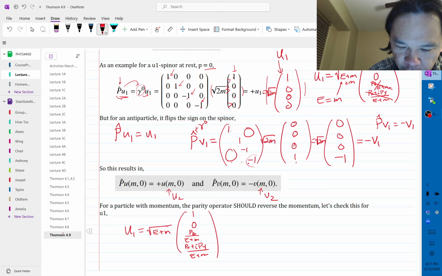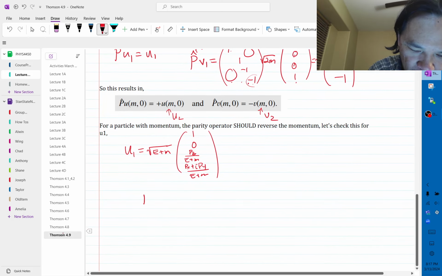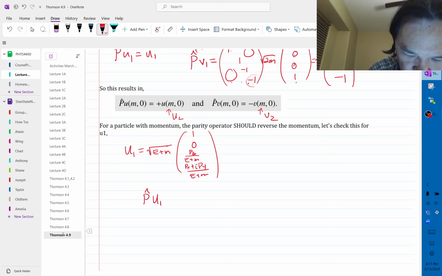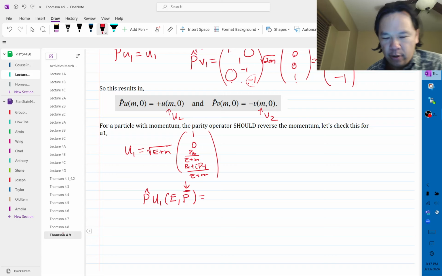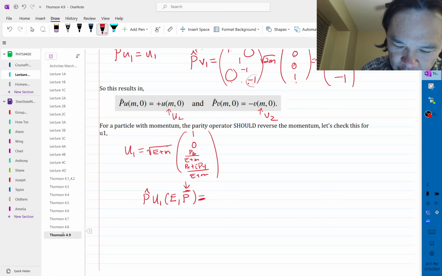This is the four-component thing. If we act on this with the parity operator, where the energy and momentum are some value, not 0, we're hopefully going to see what we expect to happen.